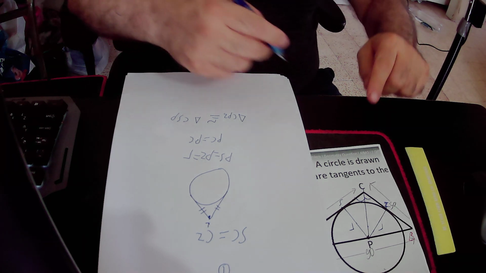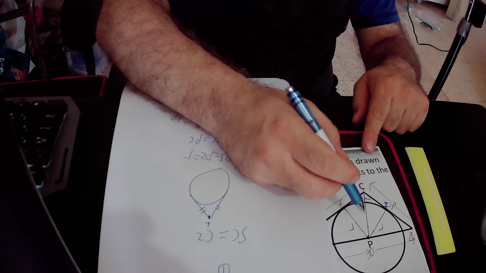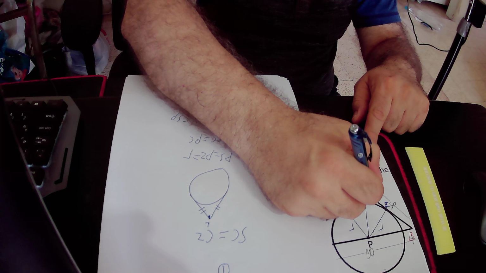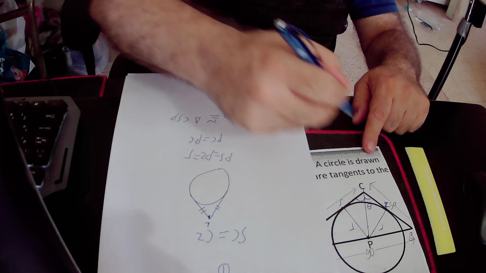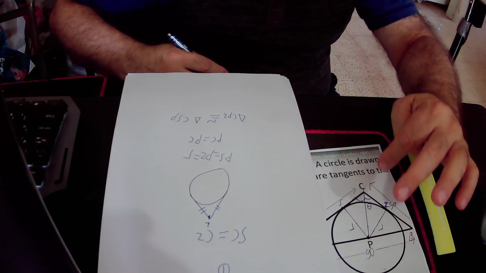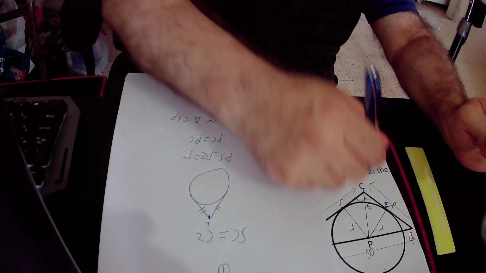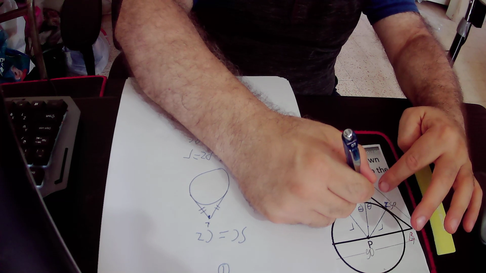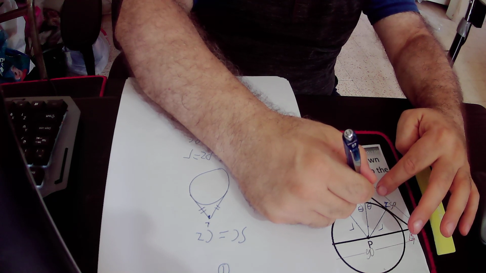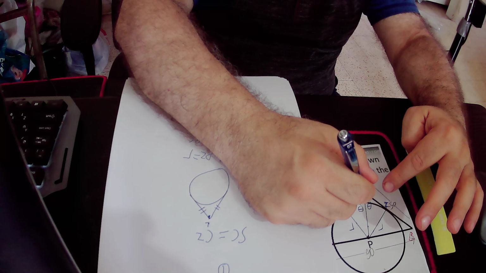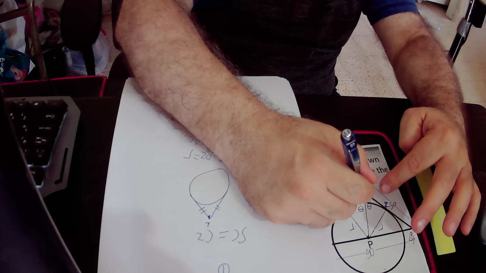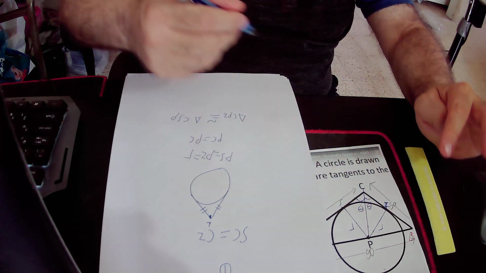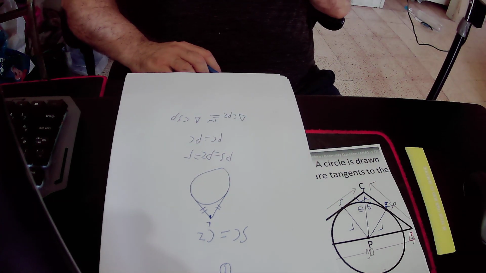Okay, so if angle PCZ is theta, then angle PCS is also theta because those two angles are corresponding angles in congruent triangles, so they are equal to each other.